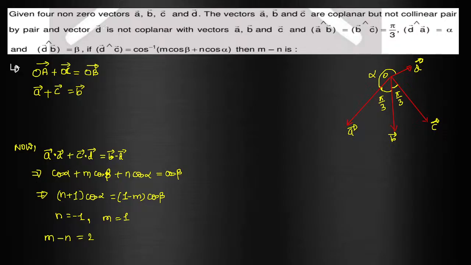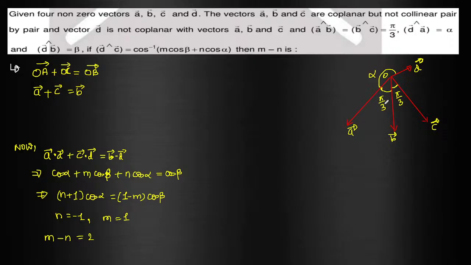Okay. Now the d vector is non-coplanar. That means it does not depend on a, b, and c. Non-coplanar means does not depend on a, b, c. So a vector, b vector, c vector.